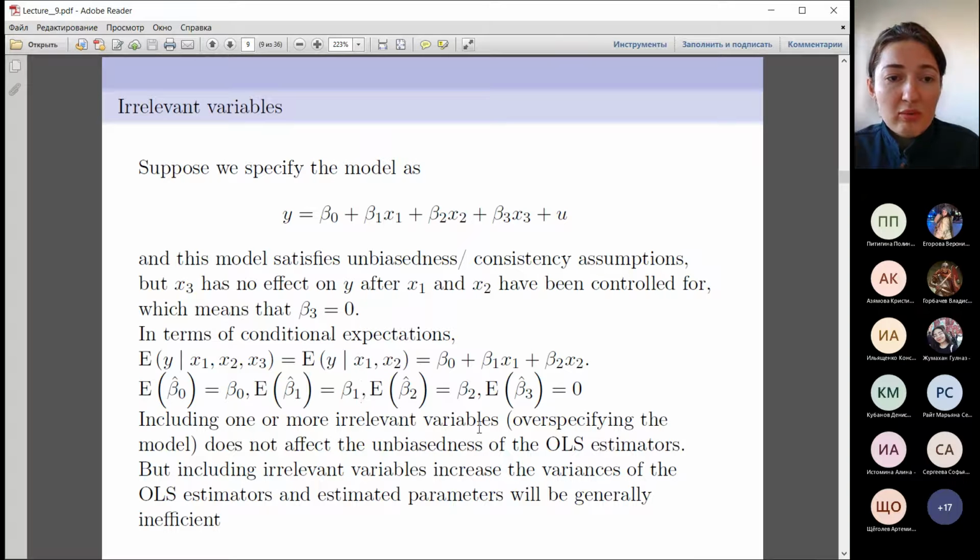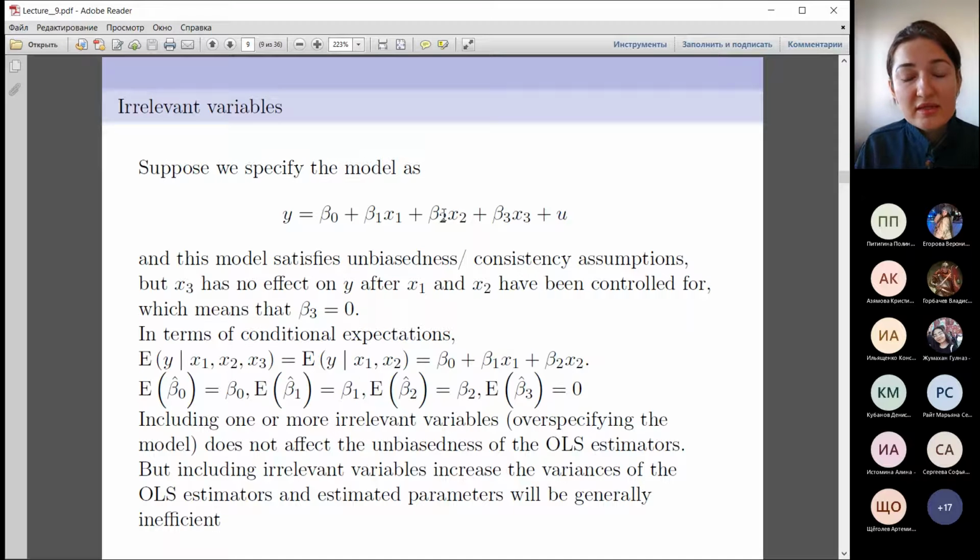Including one or more irrelevant variables, in other words, we call this situation that we overspecify the model. So when we don't include relevant variables, we underspecify the model, but when we include irrelevant variables, we overspecify the model. In general, the good news is that your coefficients in this example, beta 1 and beta 2, still could be unbiased and consistent.